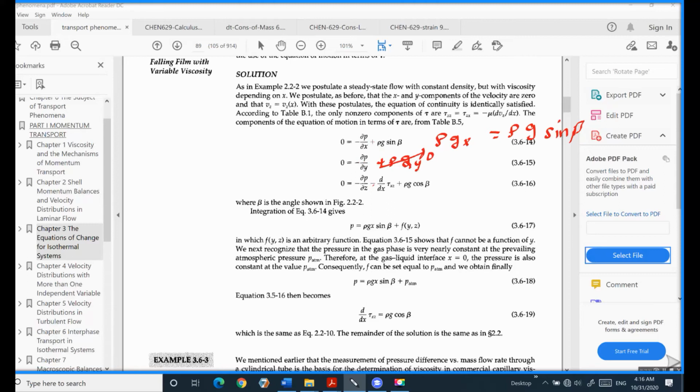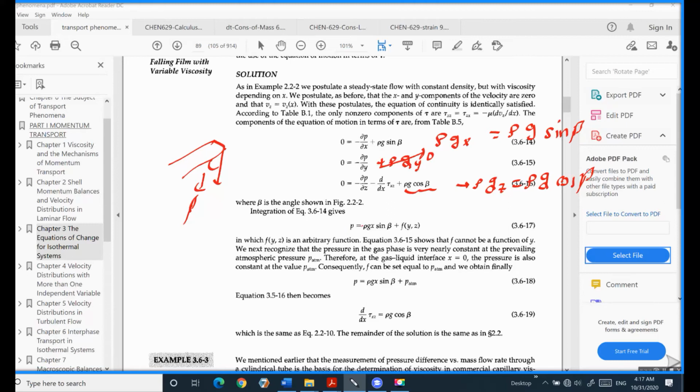Finally, again we had rho, but we can write this as rho gravity cosine beta, where beta is the angle between the plane and gravity. Let's call this beta.